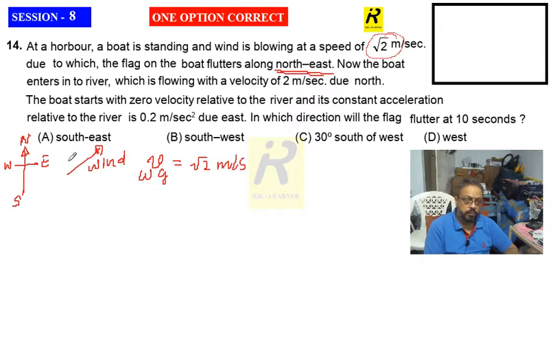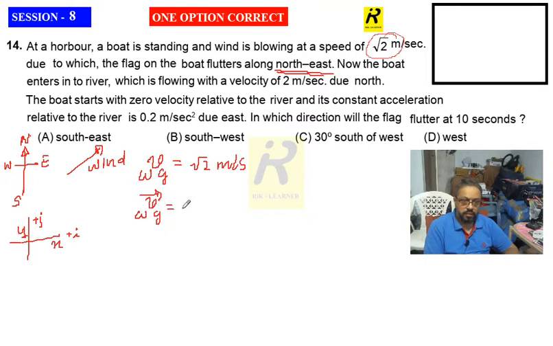In vector form, we always set the coordinate system like this. If this is the x-axis and this is the y-axis, with positive values, then the unit vector along this side is plus i and along this is plus j. Using this technique, I can rewrite the expression for the relative velocity of the wind with respect to ground.